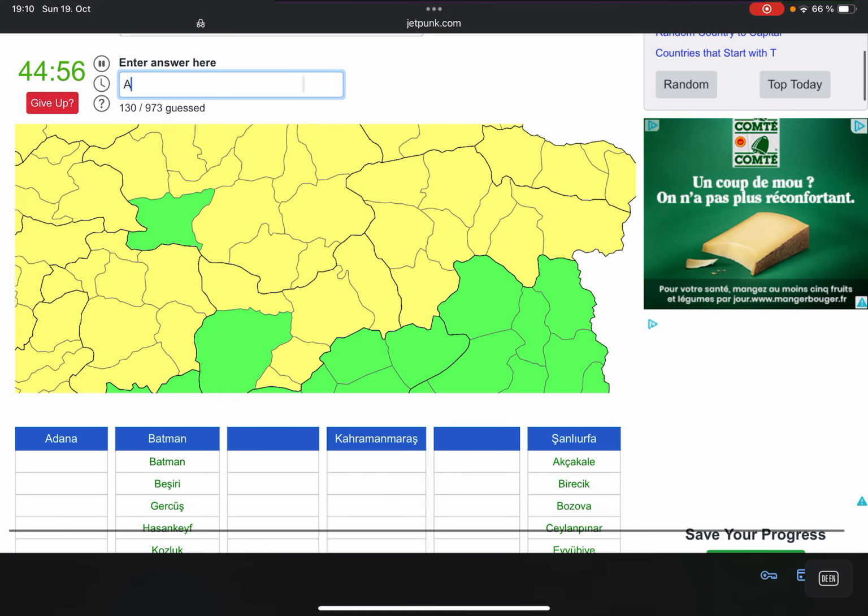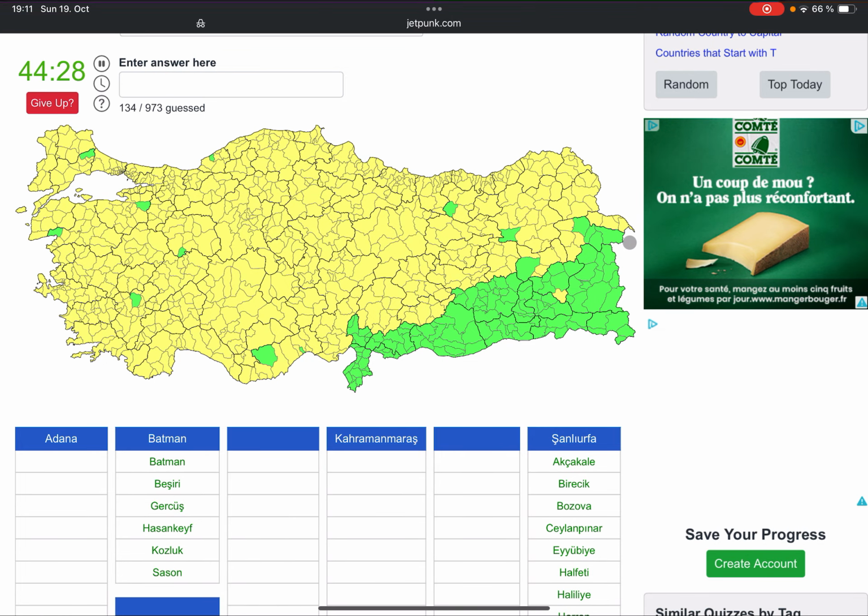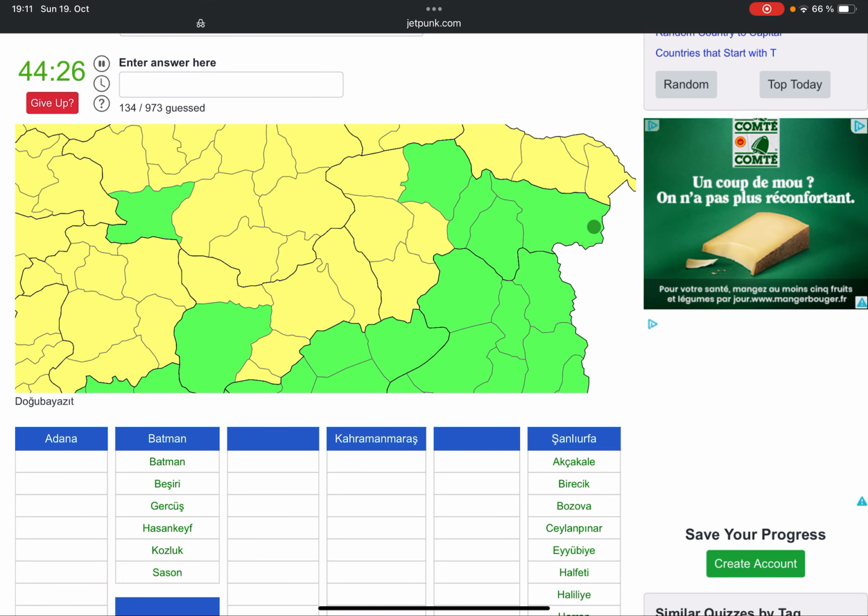We have the city of Ağrı, again, province and city with the same name. And next to Ağrı we have Taşlıçay, Diyadin, Doğubayazıt, which is, by the way, one of the only passovers, I think, to Iran.